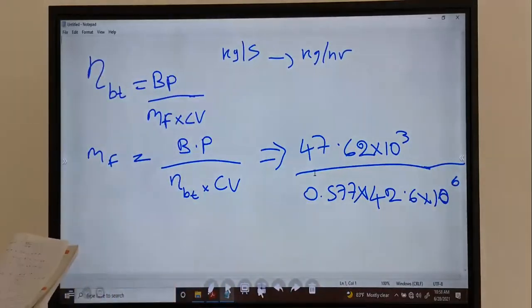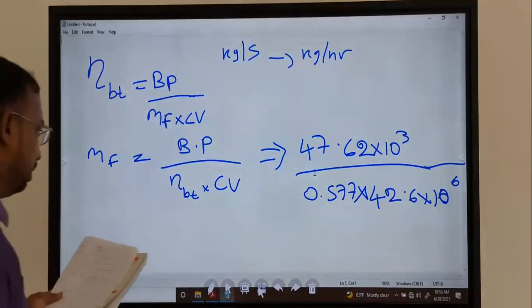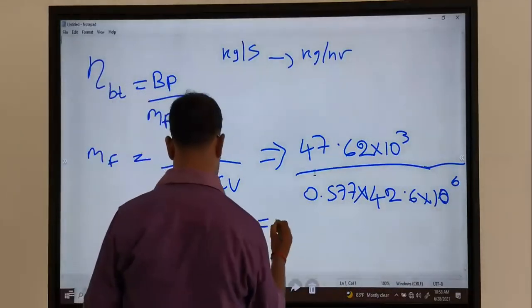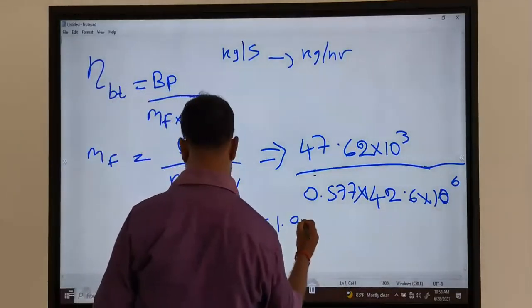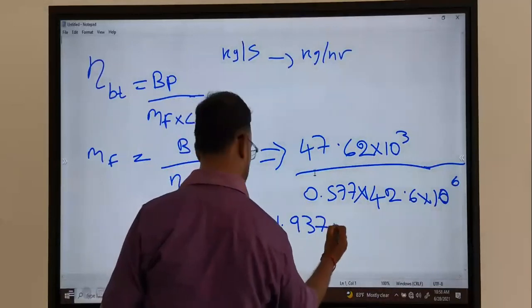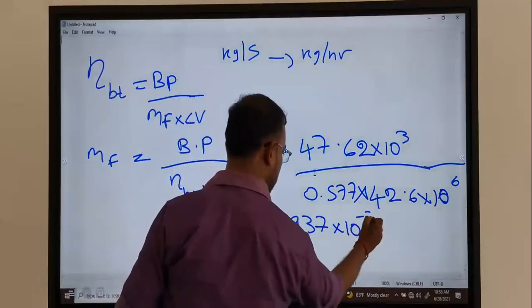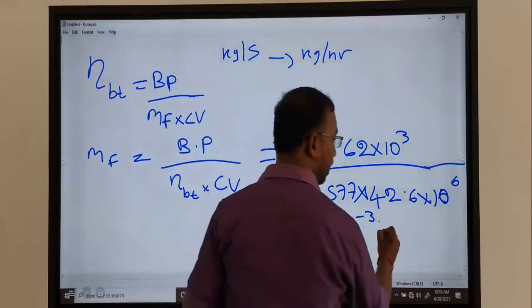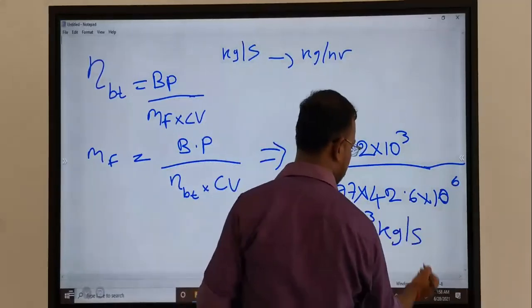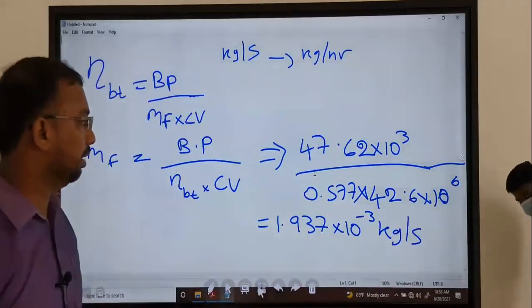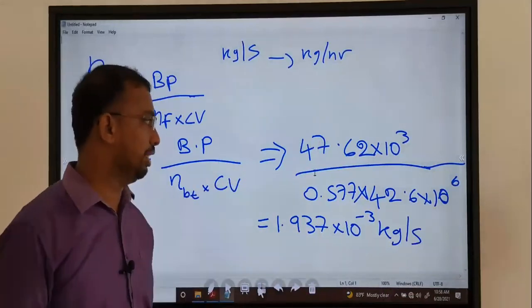So the value is 1.937 into 10 to the minus 3. This is the value in kilogram per second, which we can get straight from this equation.